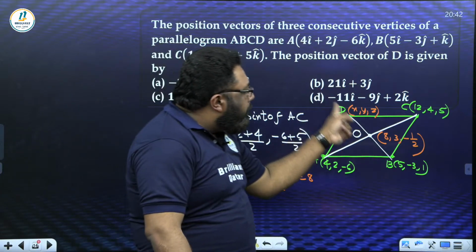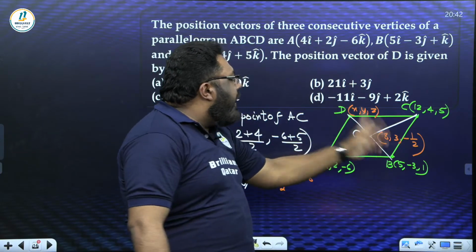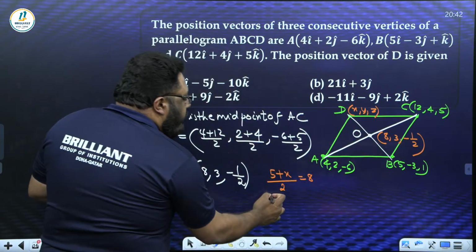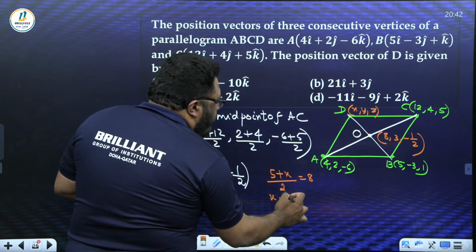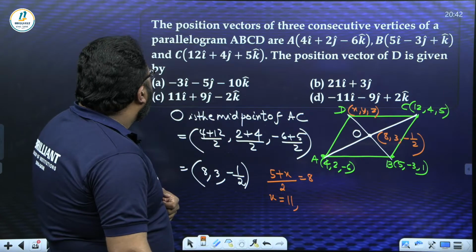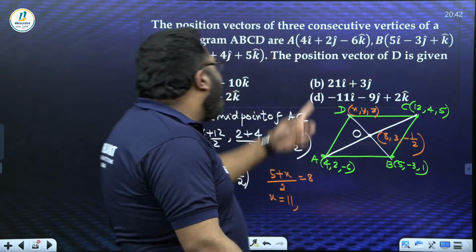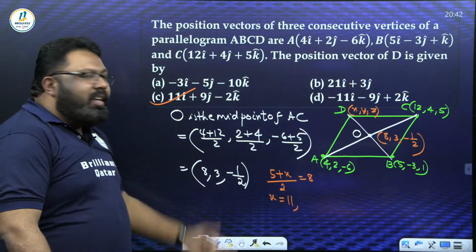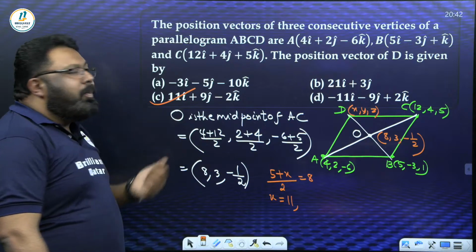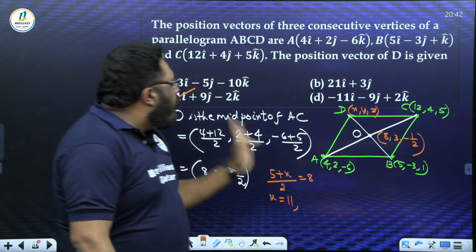If I take the BD diagonal, 5 plus X by 2 is 8. Solve for X: 16 minus 5, 11. Stop there. I will not go further because the only vector which has 11 as the first coordinate is option C.